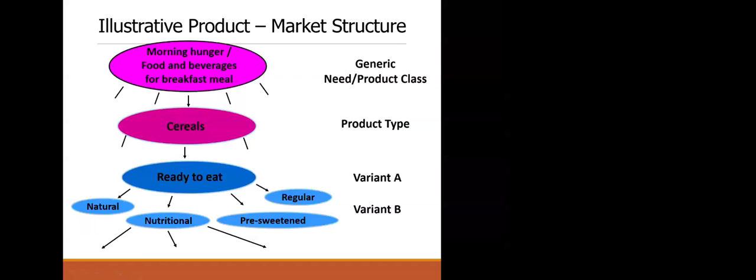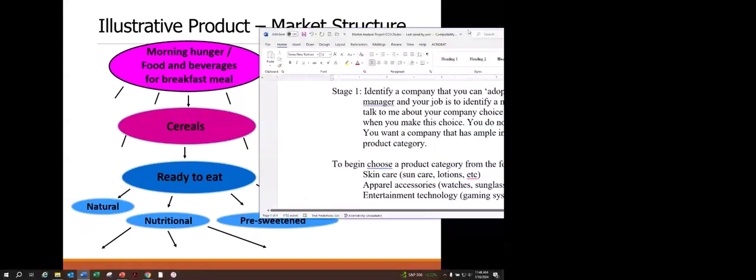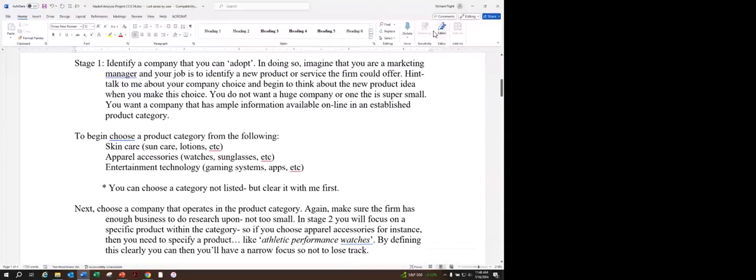Okay, so at any rate, this is the goal. This is kind of where we're going with this. Again, stage one, identify your company that you're going to adopt. Make sure that company has lots of information available out there for them. But again, if it's an enormous company, you have to narrow down to the specific division that offers the product and the market that you're going to work in.